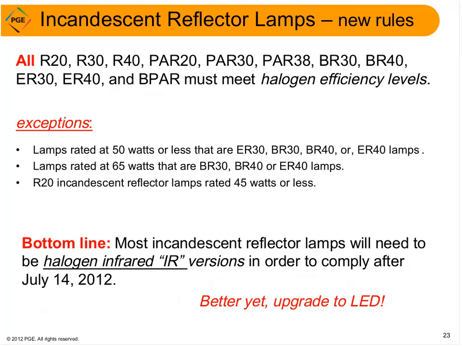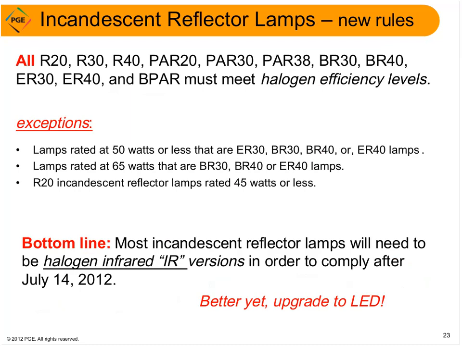Okay, this is a busy slide, but what I wanted to communicate here is that while many of you know that the common light bulb is being phased out through legislation, many don't realize that the most common reflector type lamps are also being phased out. So what this means is that very soon you won't be able to purchase the most common types of incandescent or halogen reflector lamps.